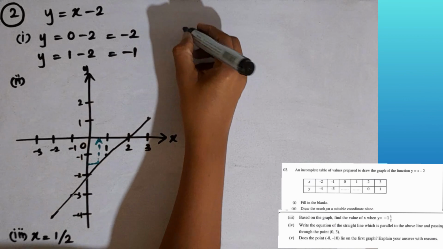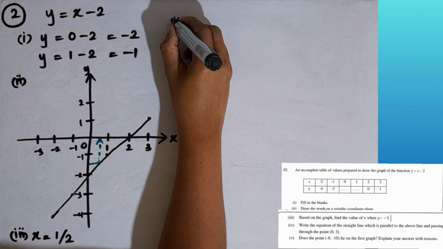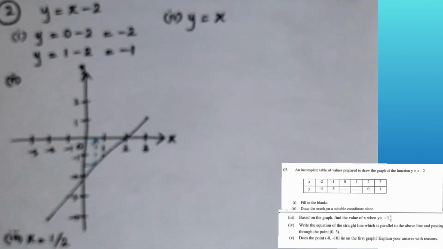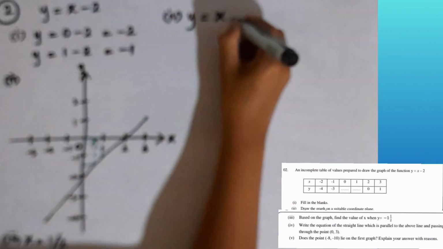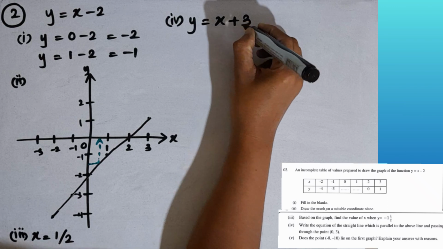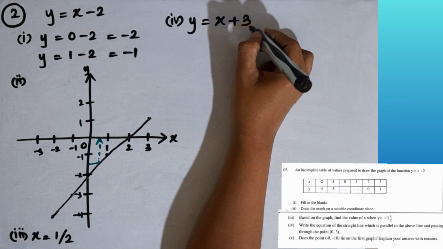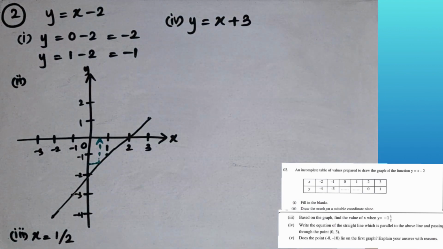So I can write the equation as y equals x plus c. The c value should be plus 3 because it goes through 0, comma 3. That means the intersecting point with the y axis is 0, 3. So the equation is y equals x plus 3.